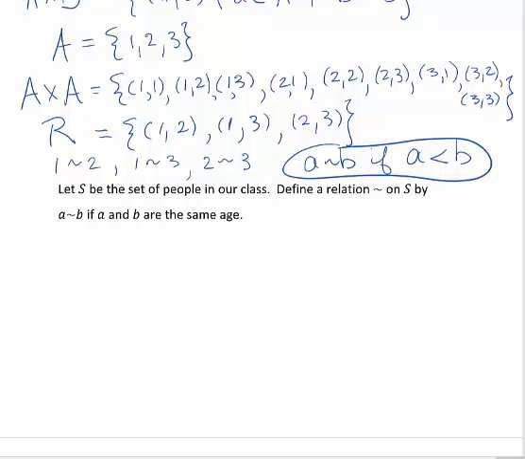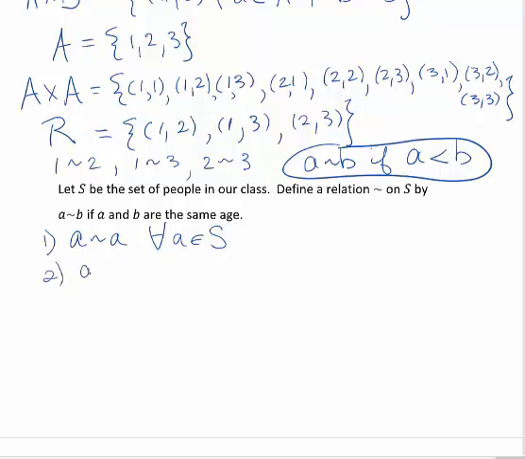This relation has some special properties, and so I'm going to write down the 3 properties that this has, and then we will give a formal definition in the next slide. First of all, A is related to A for all A in S. In other words, each person is the same age as his or herself.